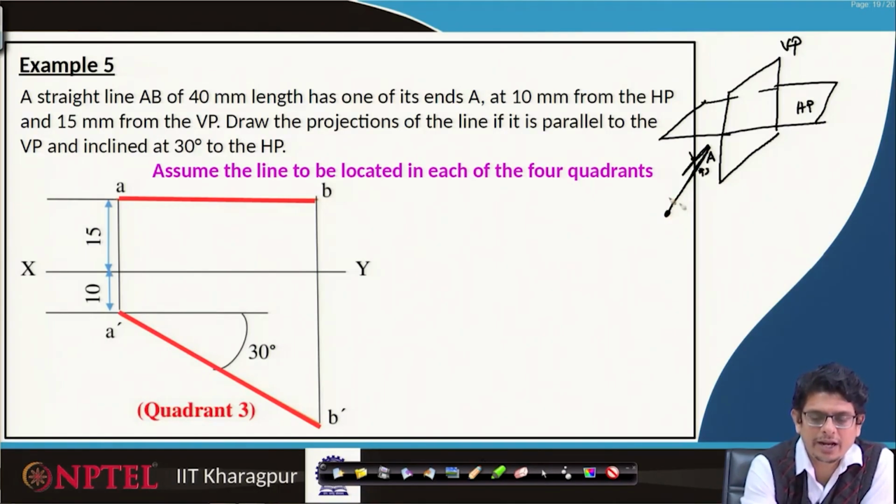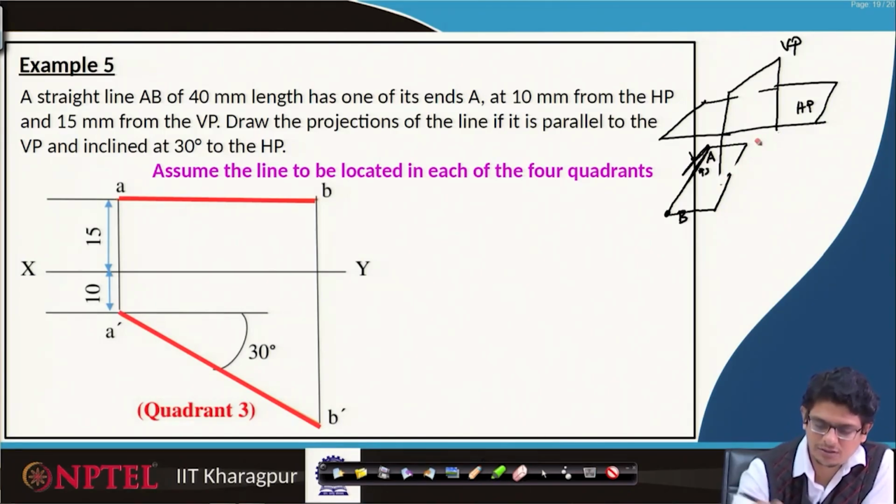So, it will be at that location B. What we have to do is project this onto this plane, then we have a line. So, our vertical plane now looks like this.